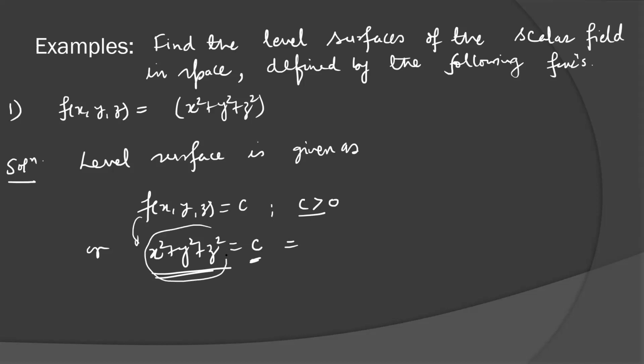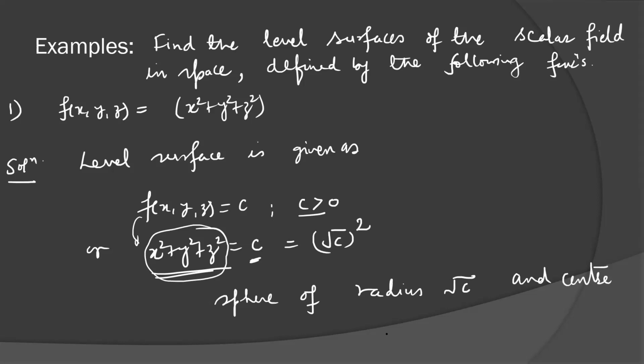We cannot take imaginary values here. So we can write root c whole square. It means it is a family of spheres of radius root c and center at 0, 0, 0.